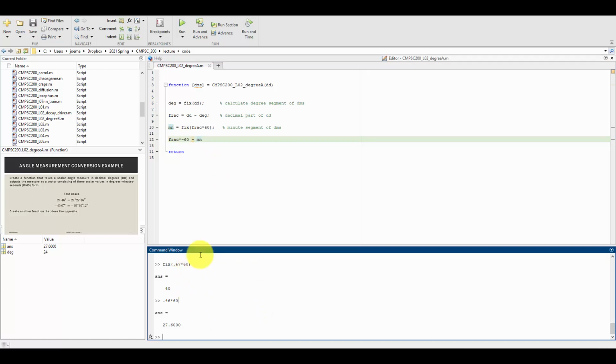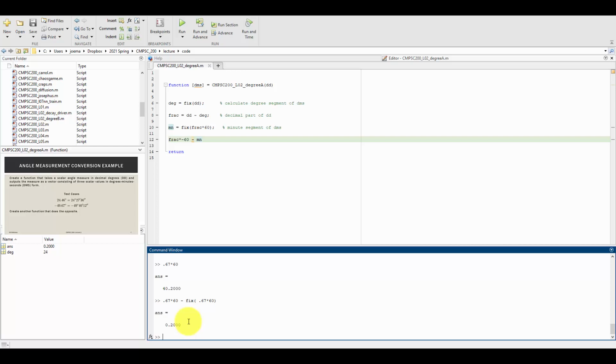So if I have 0.67 times 60, minus the fix of 0.67 times 60, which is what mn was, that gives me the 0.2. And that's what I wanted because it was 40.2. So this is calculating just the 0.2 part. That's saying that of the minute, which was originally in decimal form, I just wanted the whole part, and I'm left with that decimal part, the 0.2.